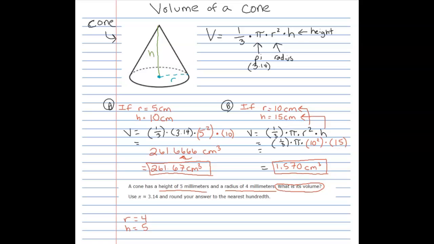Alright, so let's write down what we know. We know that the volume here is 1 over 3, forgot my parentheses, times pi times r squared times the height. 1 over 3 times 3.14 times r squared. In this case, I am given 4. And then the height I am given is 5.